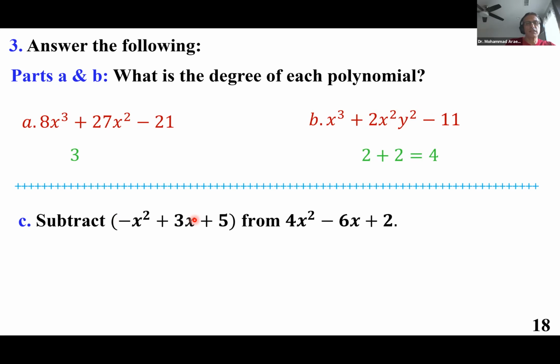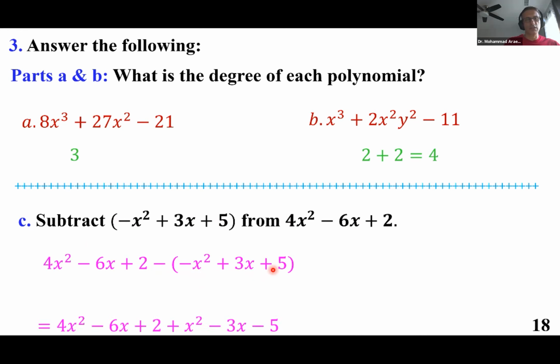We want to subtract this expression from this one, so we write it in this fashion. We are going to apply the negative sign, so we repeat this part. This becomes plus x squared minus 3x minus 5.